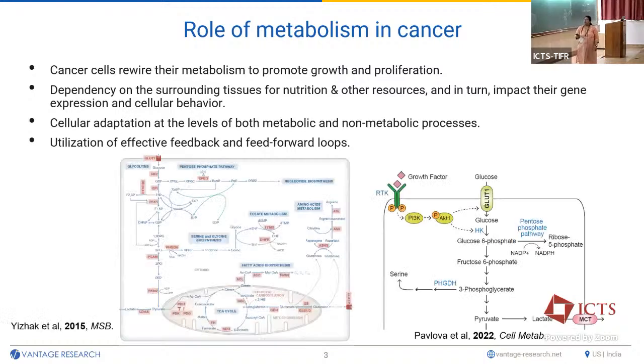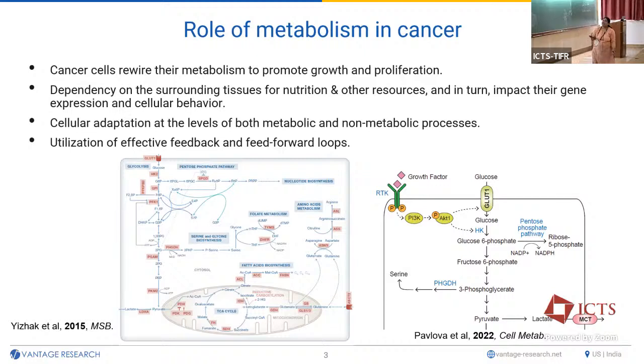So I'll give you one example. This is a normal cell, and these are the metabolic pathways that are operating in the cytoplasm. This is your mitochondria. Anything that you see in red are all those genes/enzymes. Genes will encode for enzymes.